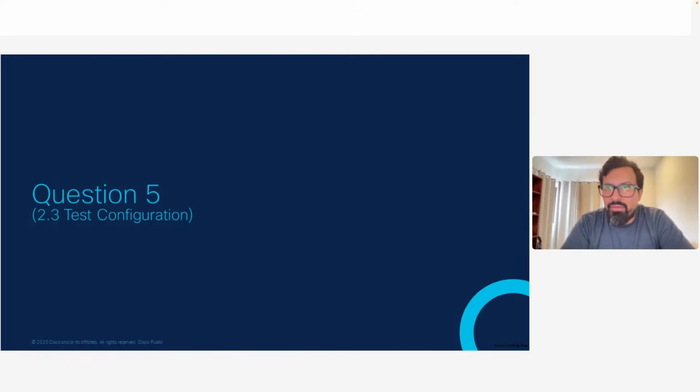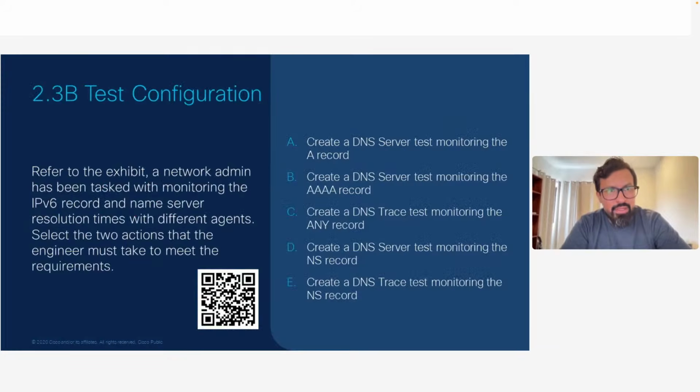So question 5, I think this is going to be our last question of the day, so let's go ahead and tackle this one. This is for 23B. It says, refer to the exhibit. A network admin has been tasked with monitoring the IPv6 record and name server resolution times with different agents.